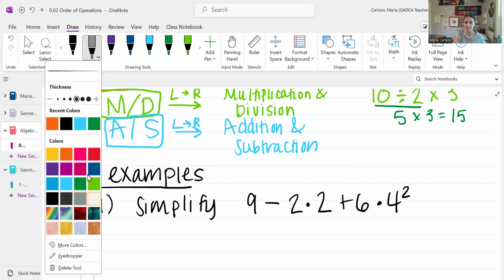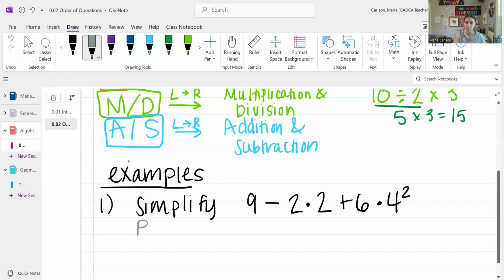We want to simplify this, and I see lots of operations, so I'm going to use the order of operations, PEMDAS, P-E, M/D, and then A/S. Beginning with parentheses, I don't see any, so we don't have to do that. Next is exponents. I see we do have 4 squared. Now 4 squared is the same thing as 4 times 4, which is 16.